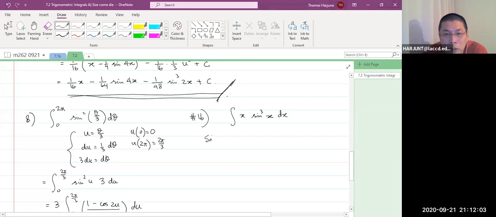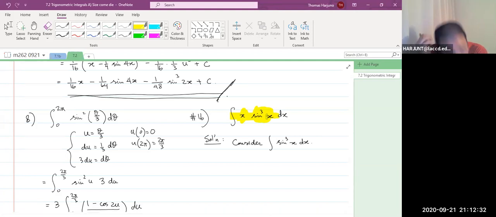So solution. Consider integral of sine cube x dx. Later on, I need to do integration by parts for this question here, this guy and this guy. But for me to do so, I need to integrate this sine cube, which I think takes some time.